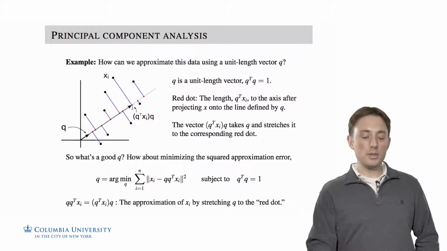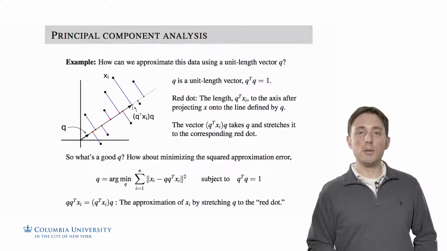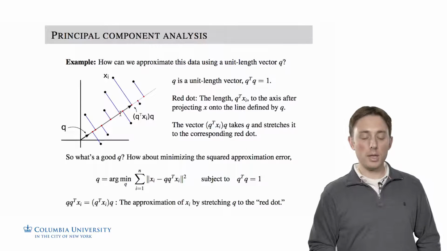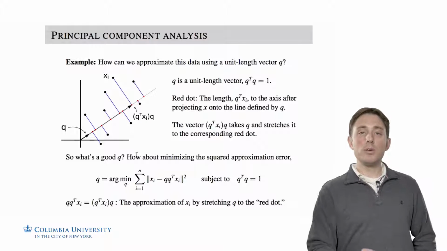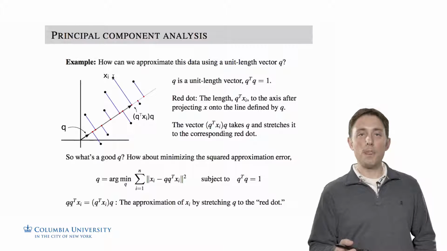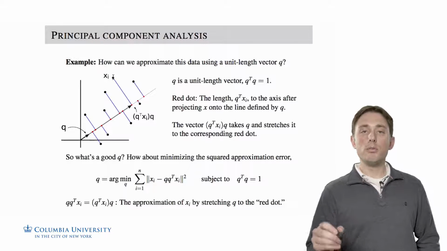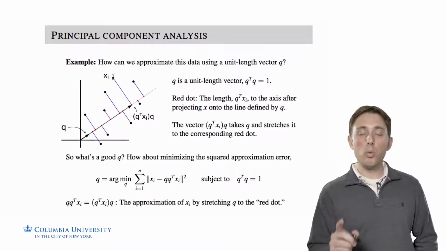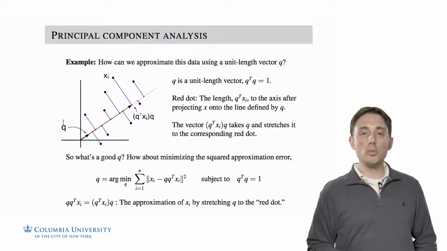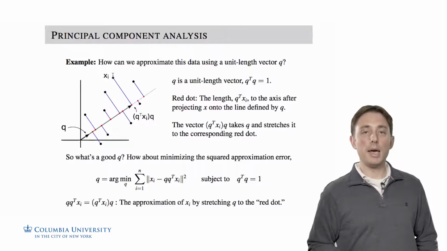This is a very simple toy example that doesn't do justice to what PCA is used for, but we can visualize it. In that sense, what we've done is we've taken each of these two-dimensional points, which each requires two numbers to represent it, and we've reduced each point to requiring only one number to represent it. And that's the number that I need to multiply q by to stretch it out to get as close as possible to xi.